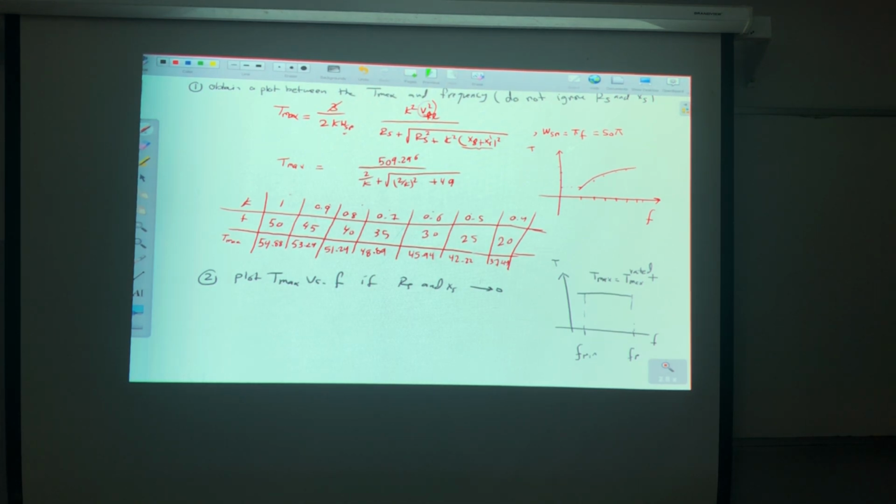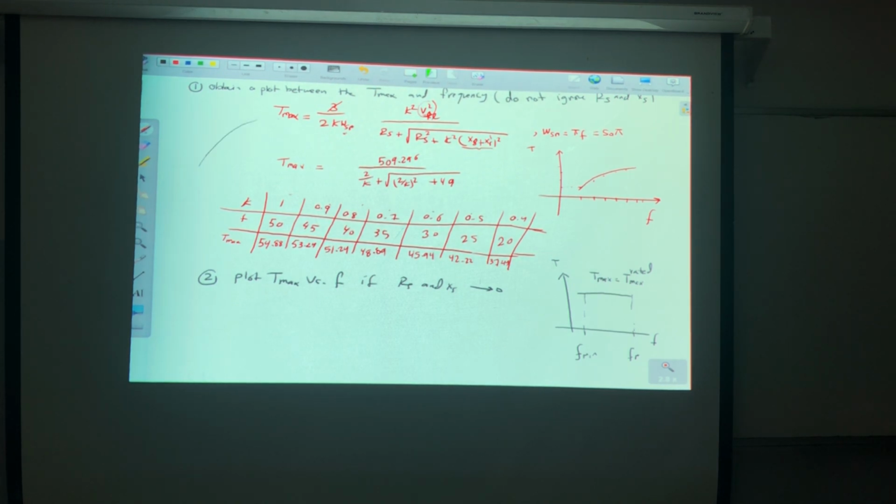So simply, we discussed that in the electric course. If RS and XS are negligible, then the maximum torque will be constant.